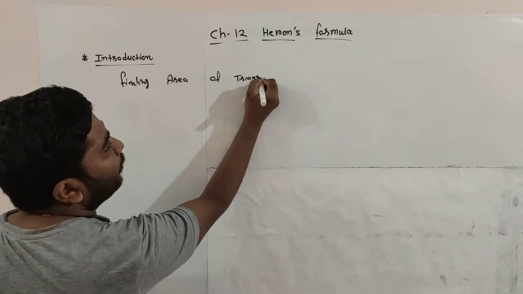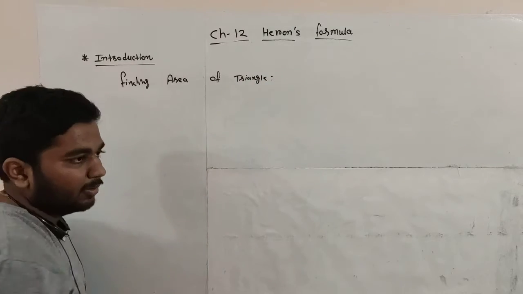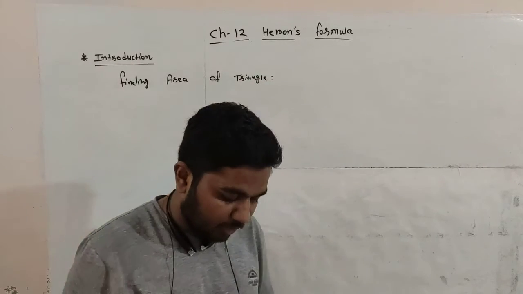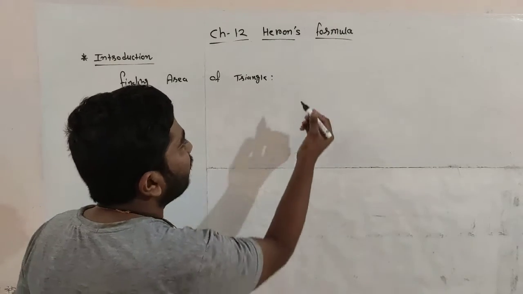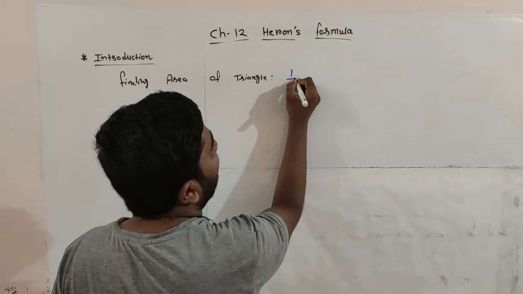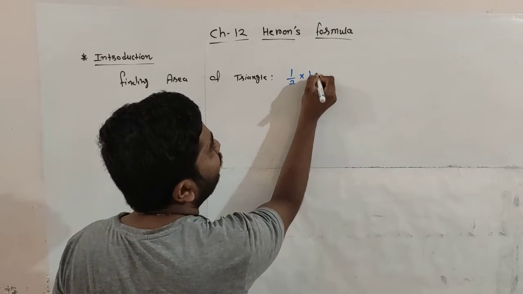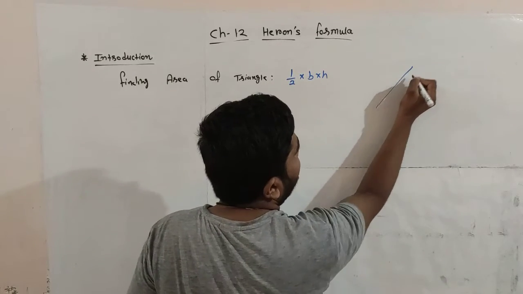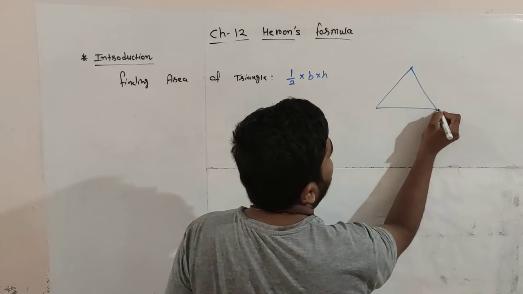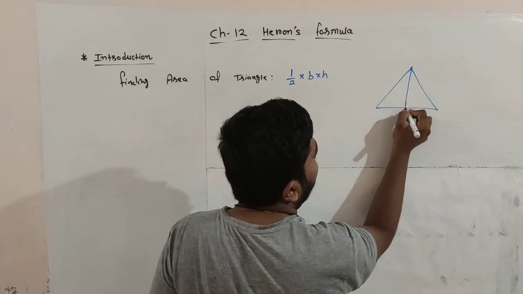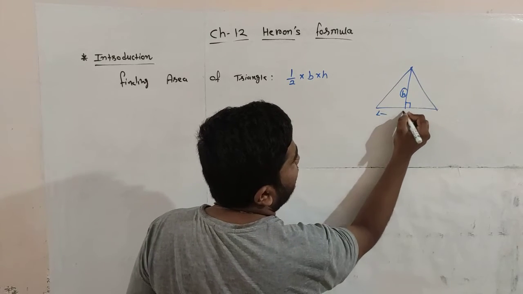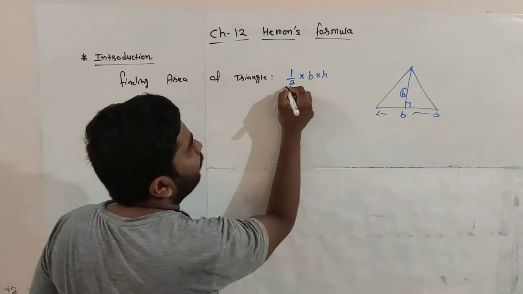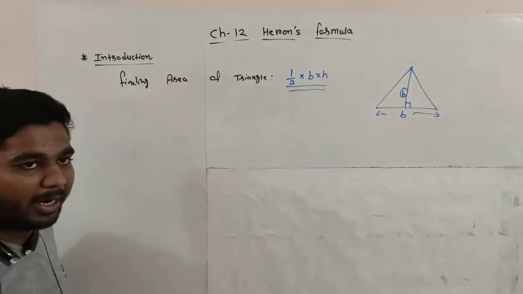Now you may have one question: we already have one formula for finding the area of a triangle. Yes, you have the formula, that is half into base into height. Means if this is a triangle, and this is the height, that is the altitude h, and this is the base, then we have the formula half into base into height.